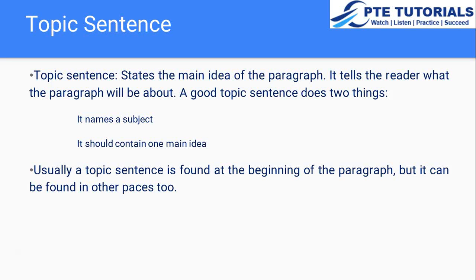I assumed three, but it could be two. Split that sentence into different sentences and make those different paragraphs. The topic sentence is generally considered to be at the beginning of a paragraph, but it can also be found perhaps one sentence in.